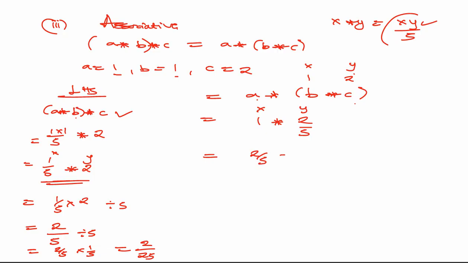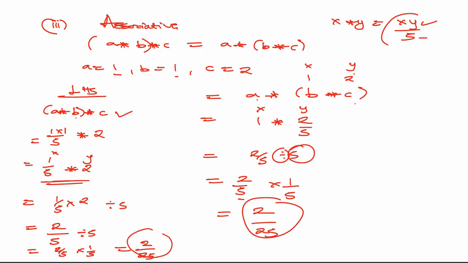We are also dividing by 5 because we have over 5 here. So dividing by 5 is the same as 2 over 5 multiplied by 1 over 5, because we find the reciprocal as we are changing the sign. 5 times 5 we get 25. Looking at this, both sides are one and the same, so the associative law is also proved to be true in this expression.